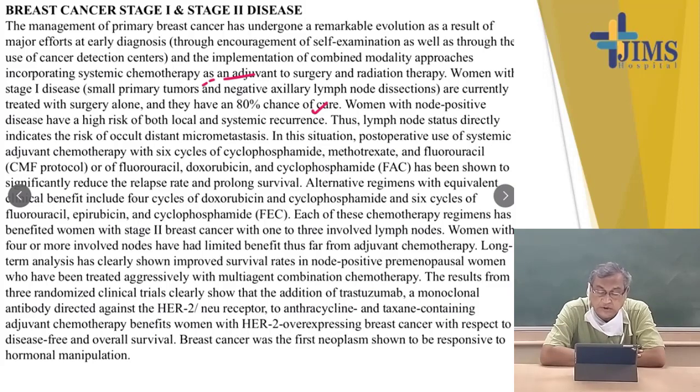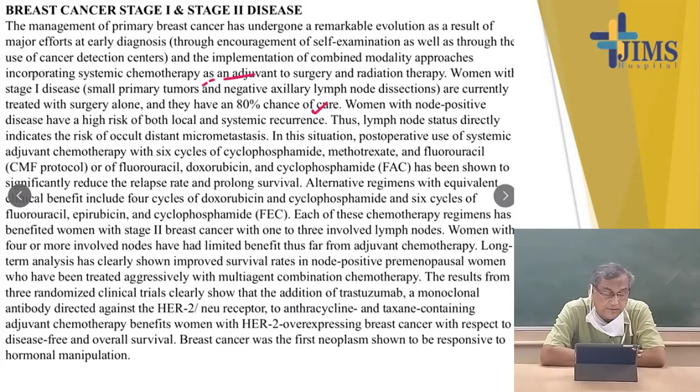In this situation, post-operative use of systemic adjuvant chemotherapy with 6 cycles of cyclophosphamide, methotrexate, and fluorouracil, or of fluorouracil, doxorubicin, and cyclophosphamide has been shown to significantly reduce the relapse rate and prolong survival.